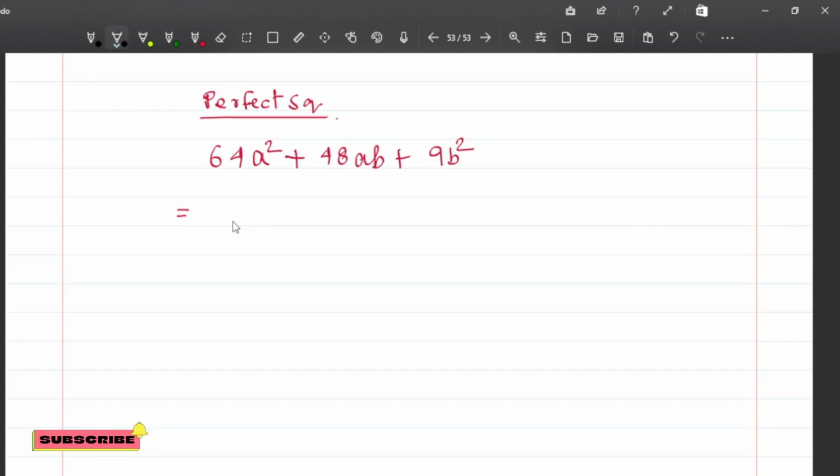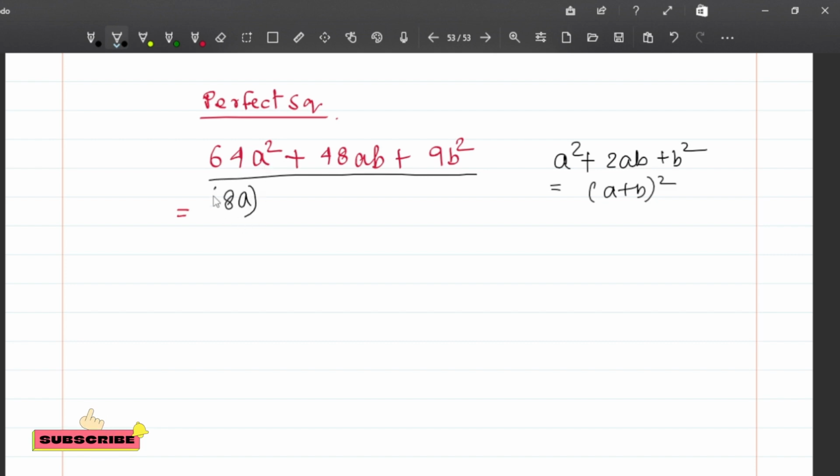Now here we learn how to make a perfect square number. You can compare these sums with this formula. So now you can write 64a square as (8a) whole square, and leave some gap, and 9b square can be written as (3b) whole square. So in these sums 8a will be your a and 3b will be your b.